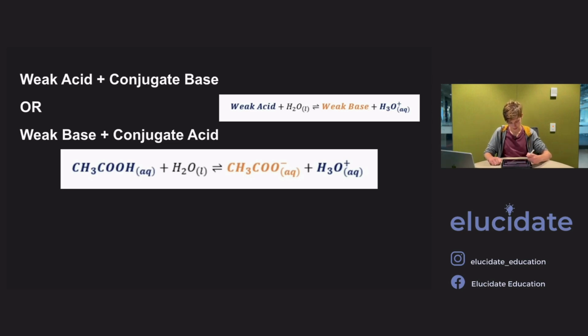On the left-hand side of the equation, the weak acid is reacting with the water to produce hydronium and ethanoate ions as product. Competing with this, on the right side of the equation, the hydronium ions and the ethanoate are producing water and ethanoic acid as products. Eventually, this system will reach an equilibrium.